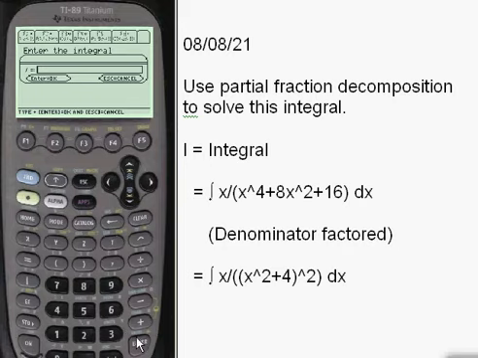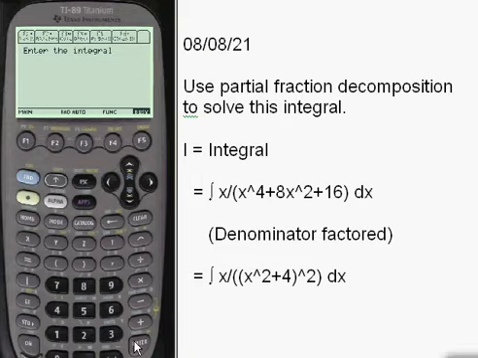But remember, you put alpha first, and then x divided by x to the fourth, etc. So you get the picture. I've already entered it. Here it is. You can go back and change it if you want.